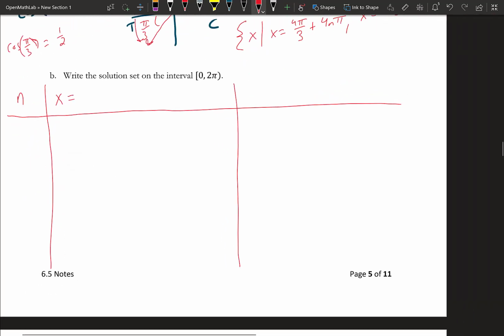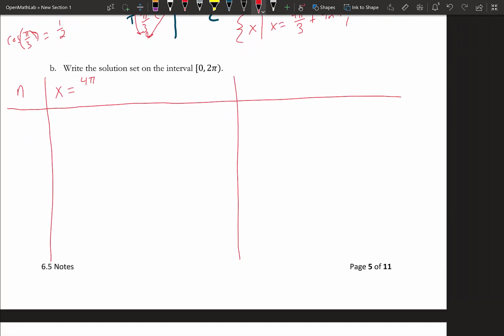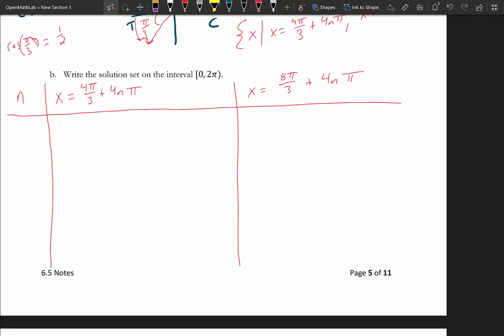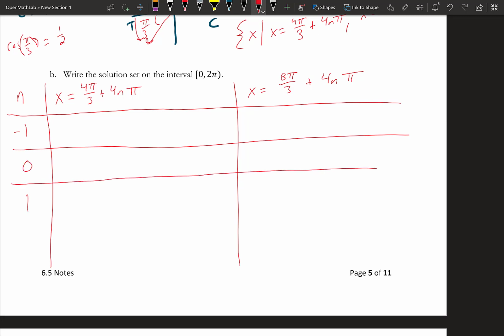So x can be 4 pi over 3 plus 4n pi, and then x would be equal to 8 pi over 3 plus 4n pi. So if I plug in n of -1, n of 0, and maybe 1, that's actually going to give us all the solutions we need.